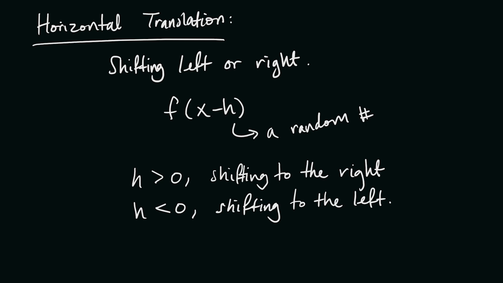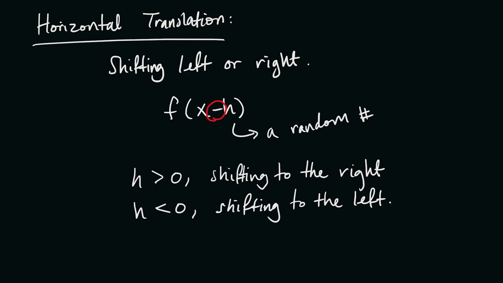Now, don't get this mixed up with how it's being said. You must remember that there is always that negative in front of that h. In all cases, it's going to be negative in front of that h.